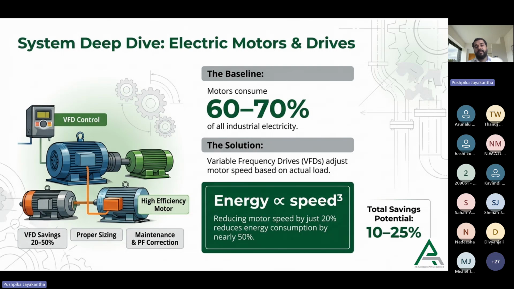These variable frequency drivers control motor speed based on the load requirement. So a small reduction in speed can result in significant energy savings here. This motor system optimization can reduce electricity consumption by 10 to 25%.